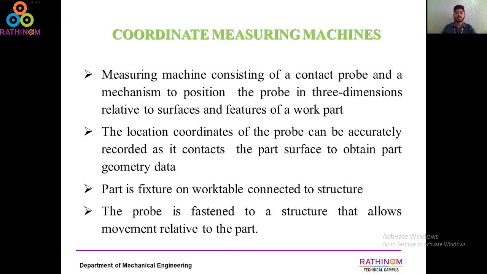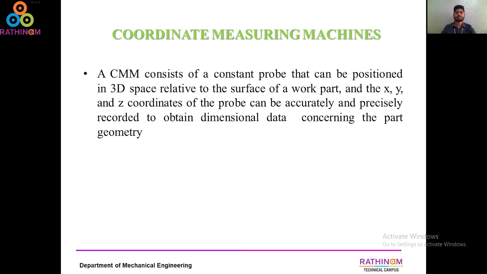The location coordinates of the probe can be accurately recorded as it contacts the part surface, to obtain its geometric data. The part is fixed, and the probe is fastened to a structure that allows movement relative to the part.